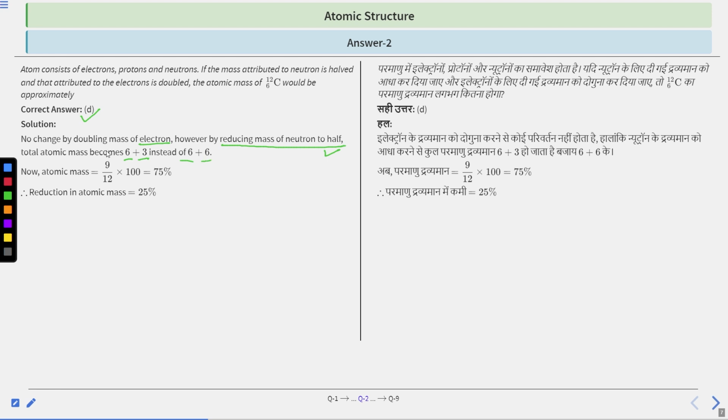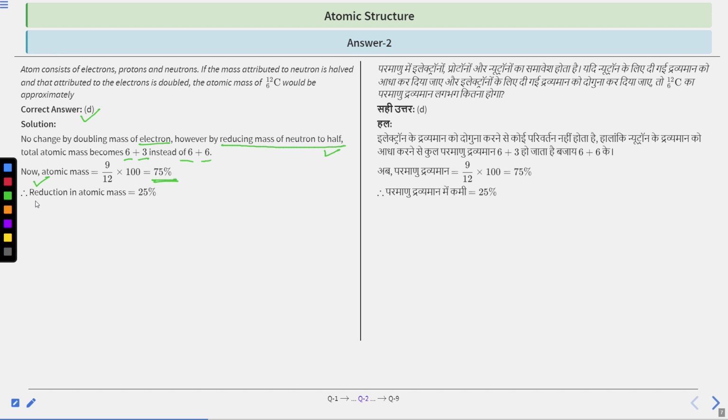So the total atomic mass will be counted by 6 plus 3, not by 6 plus 6. So the new atomic mass after reducing the mass of neutron to half will be 9 by 12, because 6 plus 3 is 9, divided by total mass which is 12, into 100. So it is 75%. It should be 100%, but it is reduced to 75%.